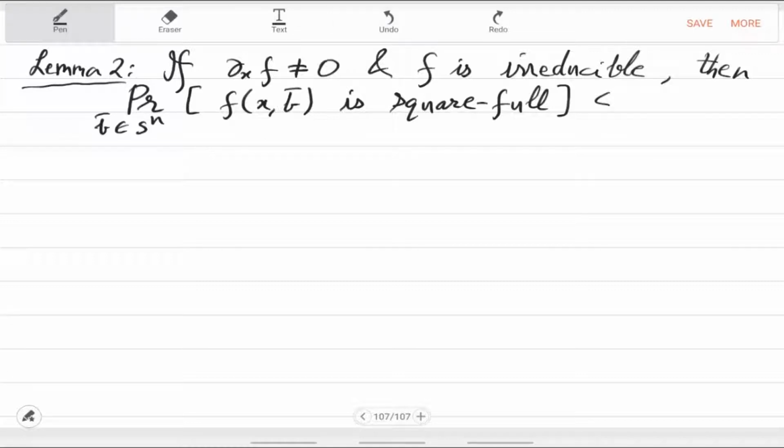This is less than 2d square divided by the size of the sample space. So assuming a non-vanishing derivative and irreducibility, we can show that random fixing of y bar keeps the polynomial square free.